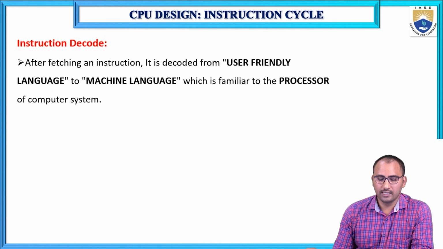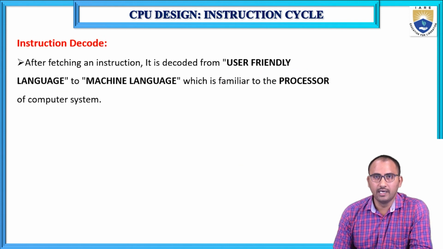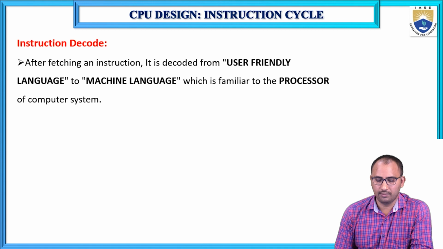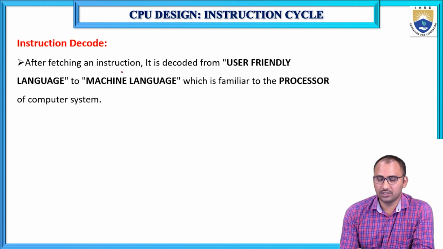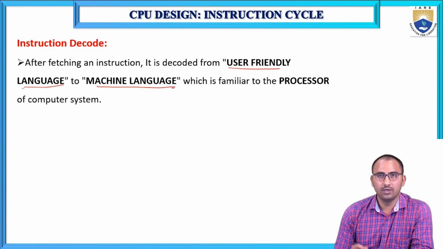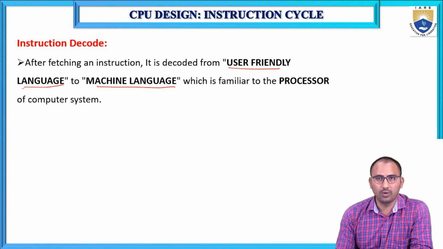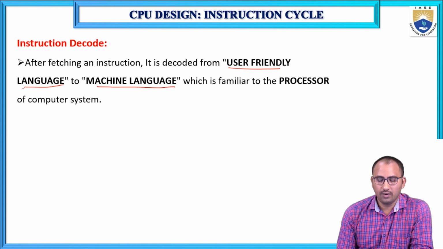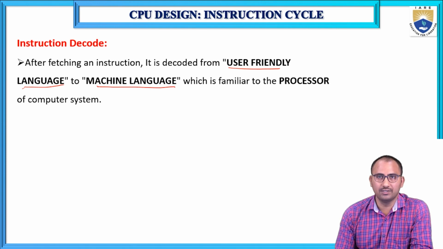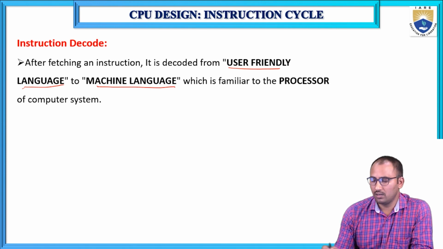And coming to the second phase, that is instruction decoding. After fetching an instruction, it is decoded from user-friendly language to machine language. In general we write programs using some high-level language, low-level language, or assembly language.